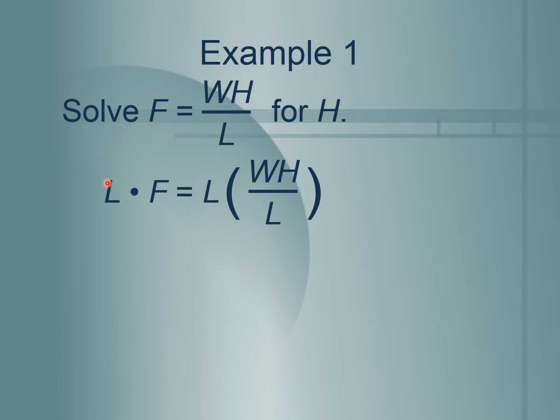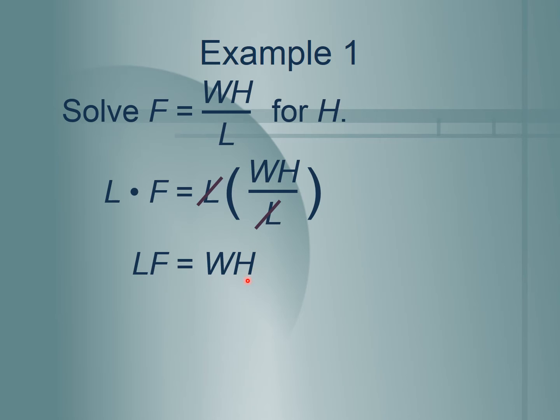And when we multiply on the left-hand side, we end up with L times F. There's nothing really we can do. We can just write L times F. So now we have LF is equal to WH. We're almost done.